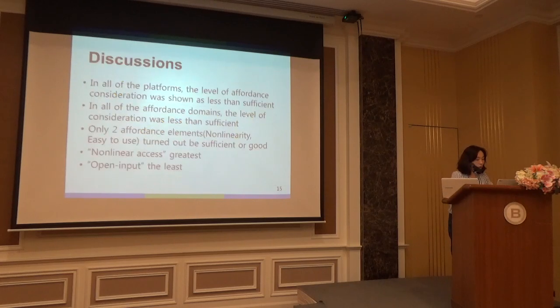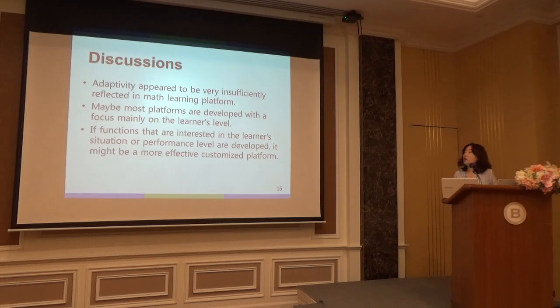I think, here, as a discussion, I was just talking about adaptivity being a very low point, somewhat below our expectation or hope. Then I gave an explanation, but this is basically our interpretation, because we didn't study why things happen the way they do.